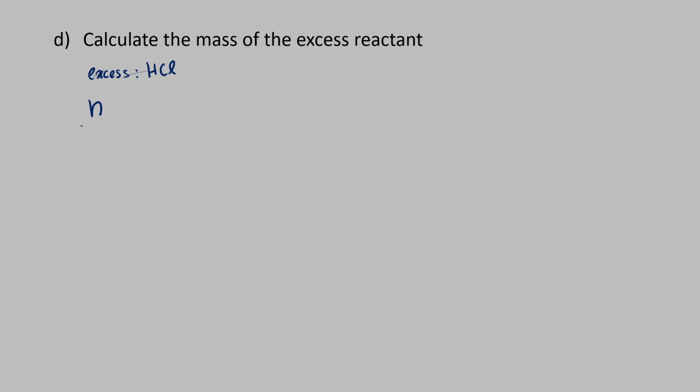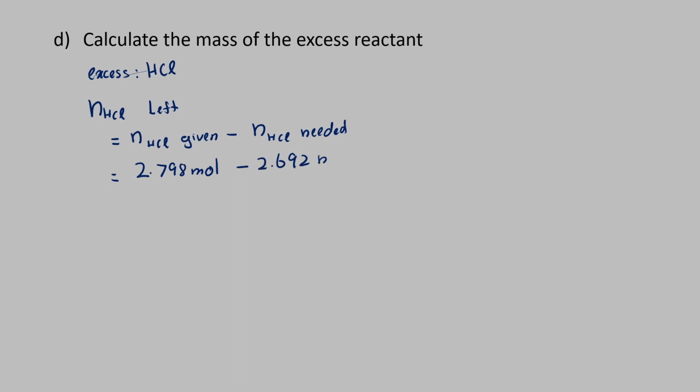Anything, we must go through mole. Mole is the bridge. Okay, so HCl left is equivalent to N HCl given minus N HCl needed. Alright, so the given we calculated just now is 2.798 mole, and they only need 2.692 mole.